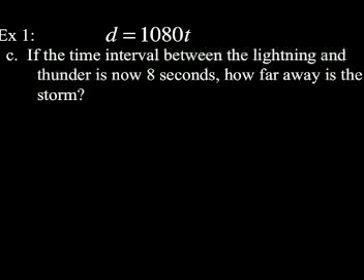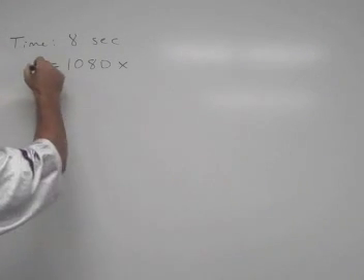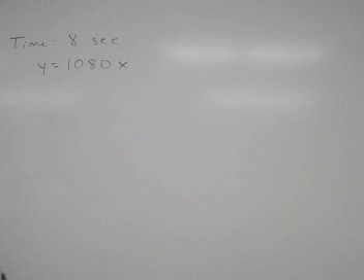Part C to this question: if the time interval between the lightning and the thunder is now 8 seconds, how far away is the storm? For part C, using our same equation for the direct variation, we're supposed to figure out how far away the storm is if the amount of time between the lightning and the thunder is now 8 seconds.